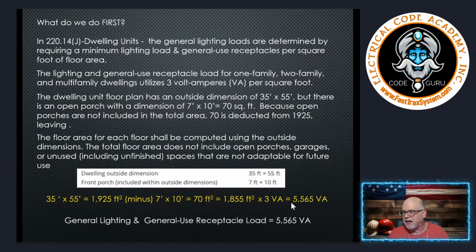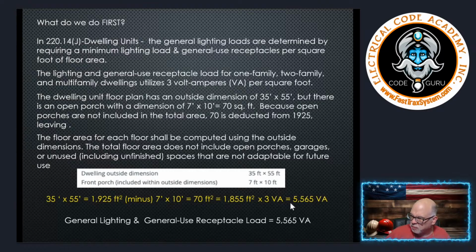That is 5,565. Now, you guys have heard me say this over and over again. Do not trust my math. The only way you get better at the NEC is to make sure you have your calculator and work it out. So I'm working it out right here with you. So I'm going to put this down, and I've already calculated 3 times the 1,855.